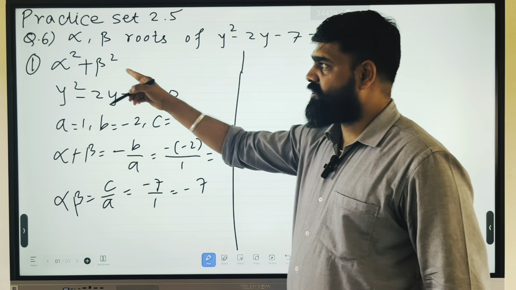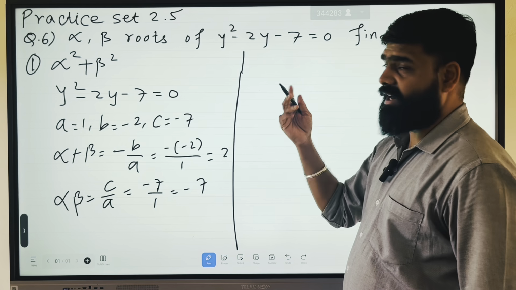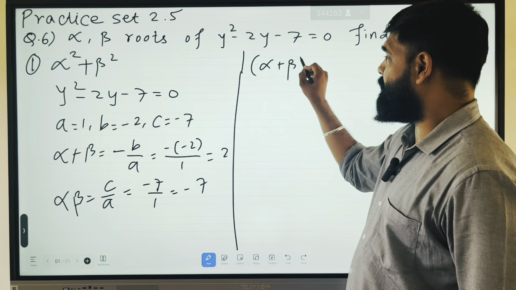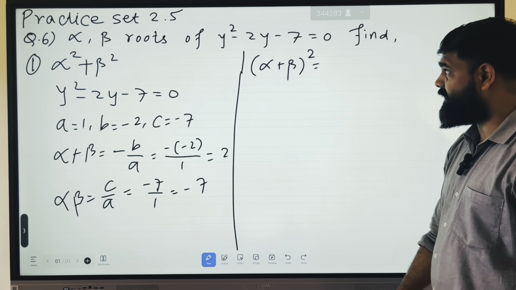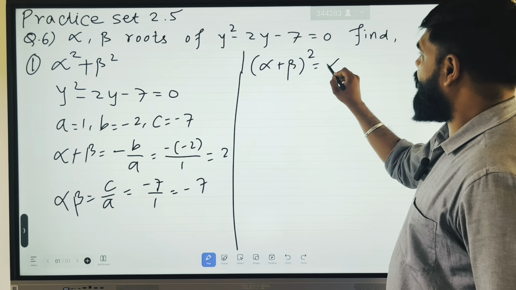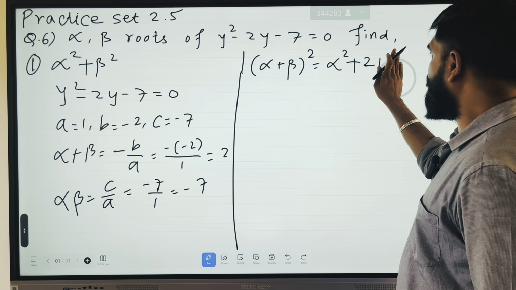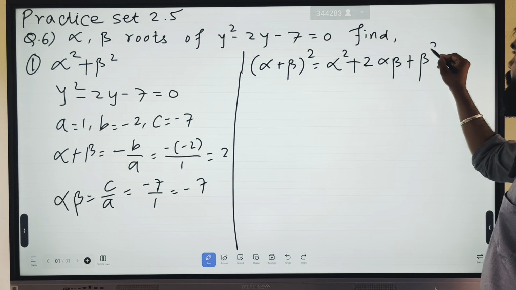For solving this question, alpha square plus beta square comes from the formula of alpha plus beta whole square. The formula of this identity is alpha square plus 2 alpha beta plus beta square.